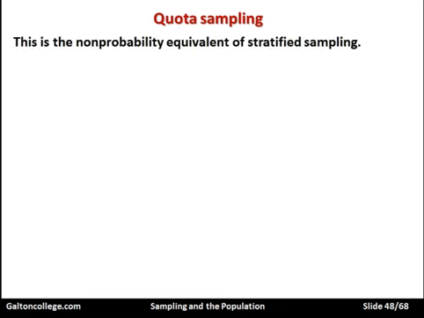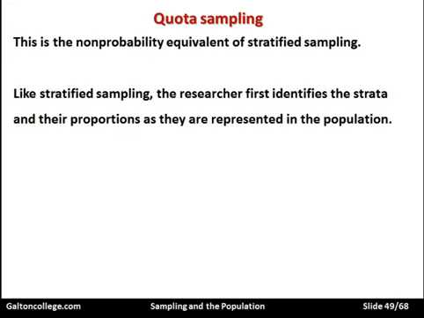Quota sampling. Well, this is the non-probability equivalent of stratified sampling. Like stratified sampling, the researcher first identifies the strata and their proportions as they are represented in the population. So the researcher identifies the various strata and their proportions, how big are the various strata, in the representative population.